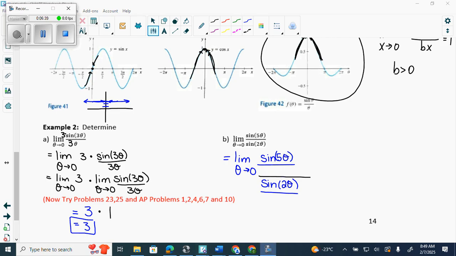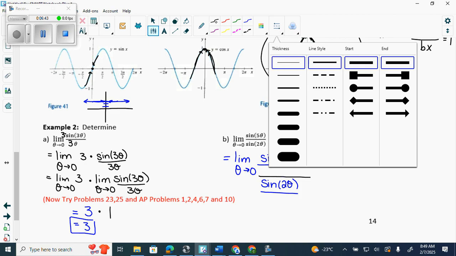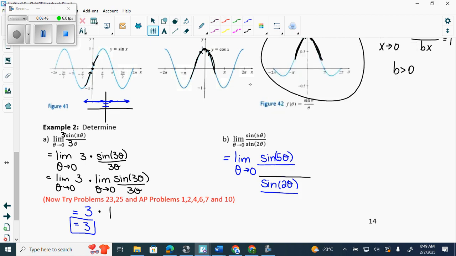Question here. All right. So, most people know that I need to get a 5 theta down here, correct? And what I do to the bottom, I have to do to the top. But then they're wondering if you have to do it to the bottom as well.